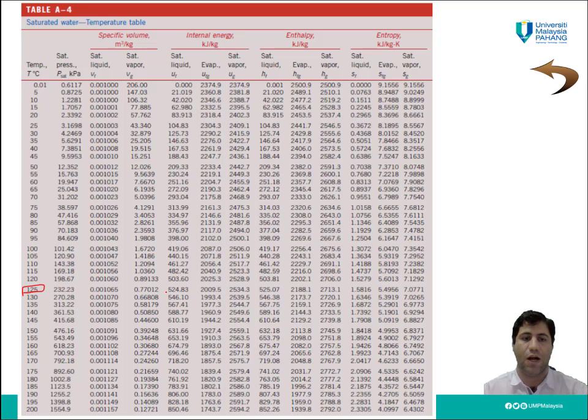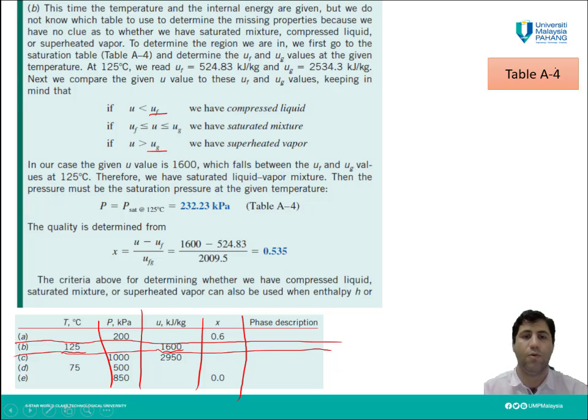Let's see how much is UF, and also here is UFG and UG. Actually what we need is UF and UG. Okay, we just record them, then compare our U with those values. Here you can see UF is 500 something, UG 2500 something.